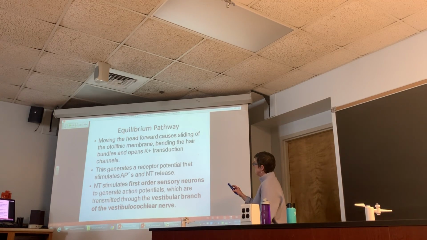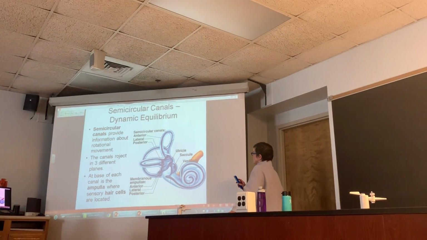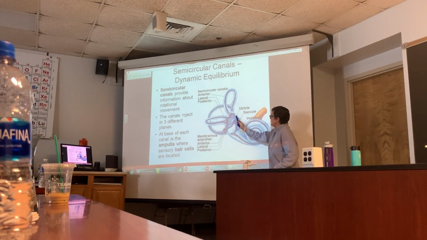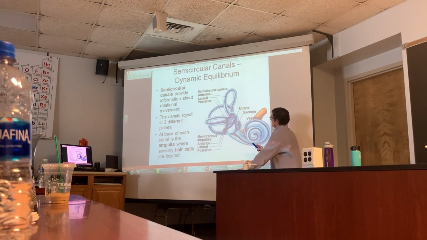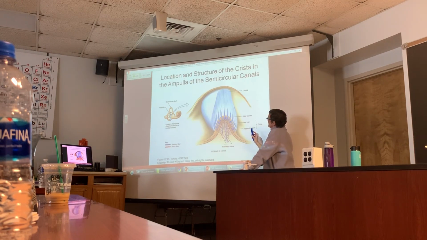Okay, so moving on to the semicircular canals. They don't have otoliths, but they do have this endolymph fluid in them, just like the utricle and saccule do. So here's the utricle and saccule, where you have those otolithic membranes. Semicircular canals are similar.